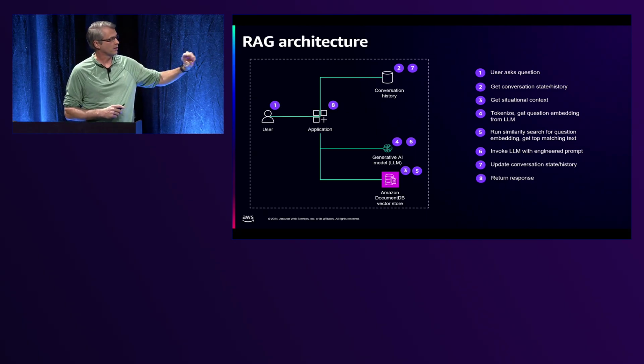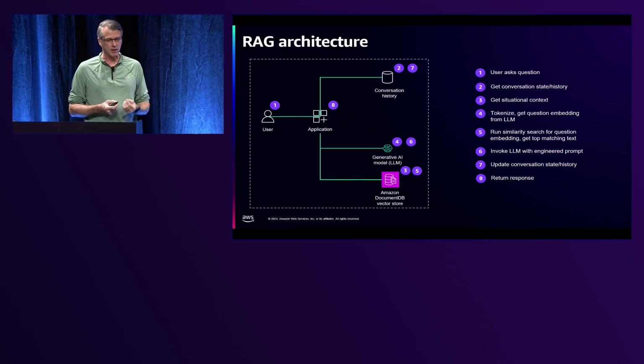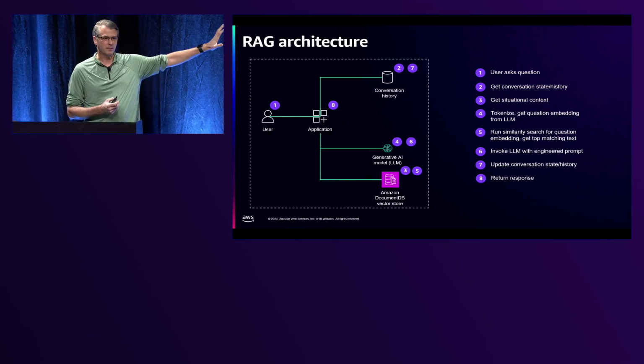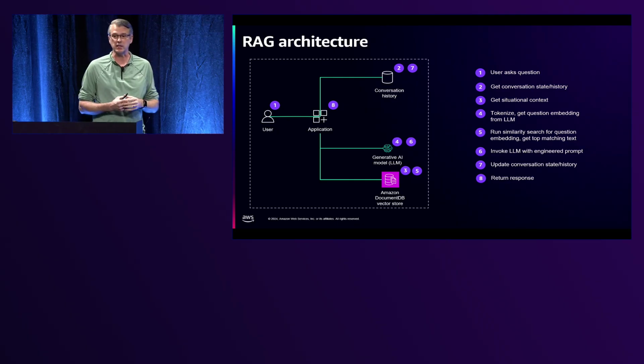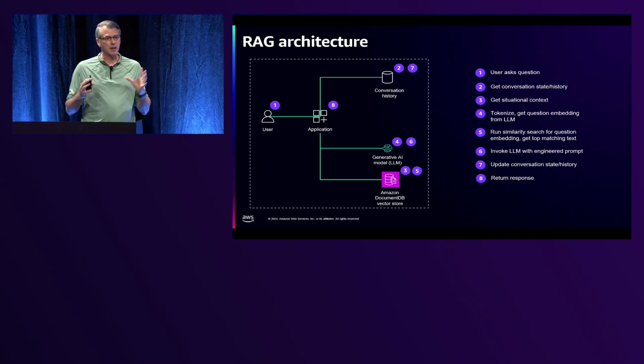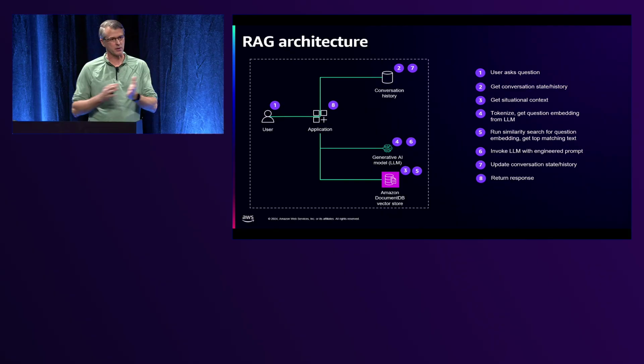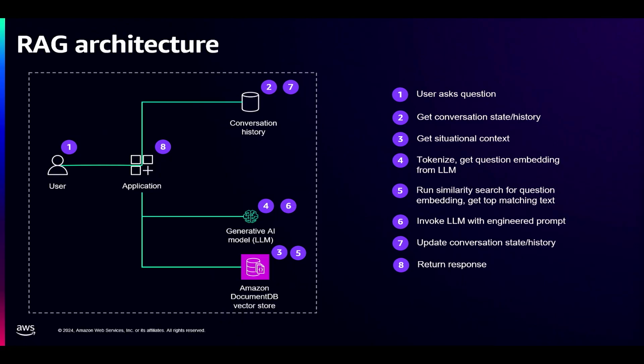DocumentDB can store vectors, and it can also hold that other information that was previously in other systems, maybe as your OLAP system for storing information about the orders and the inventory, so you can have everything in one place. You can just do your vector lookup on DocumentDB and have all of the associated information you need in DocumentDB as well. So it can make this type of architecture easier.